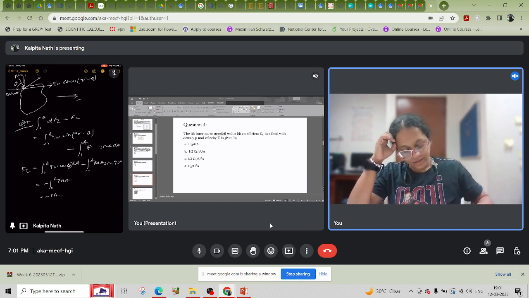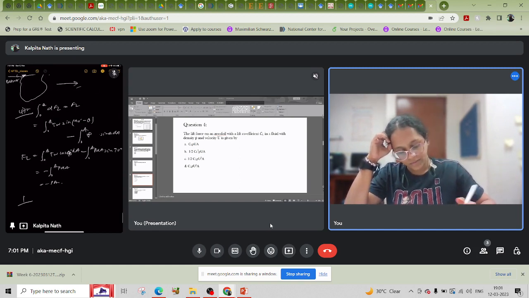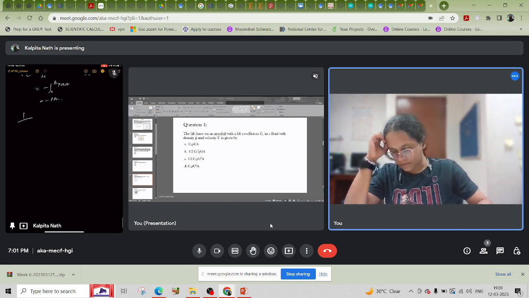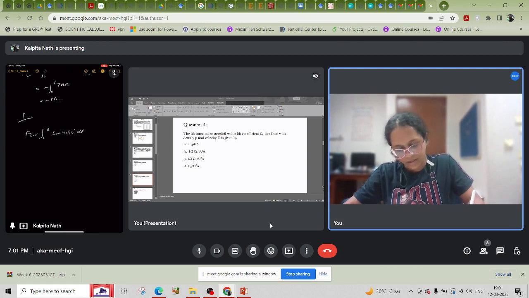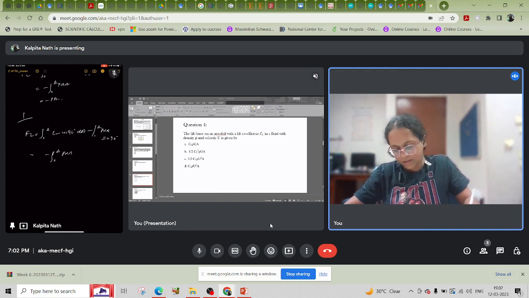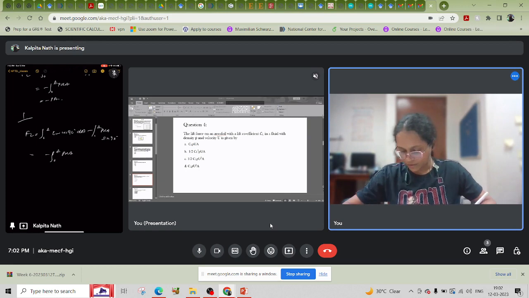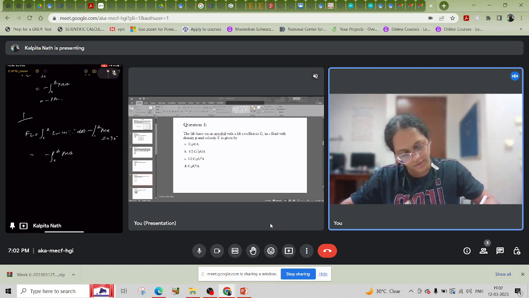This was if the surface is parallel. Now the surface is perpendicular. Net force is the integral from 0 to A of tau_w cos 90 degree dA minus the integral from 0 to A of p dA sin 90 degree, that is minus the integral of p dA. Sorry, this is cos theta, and this will be 0 degree.